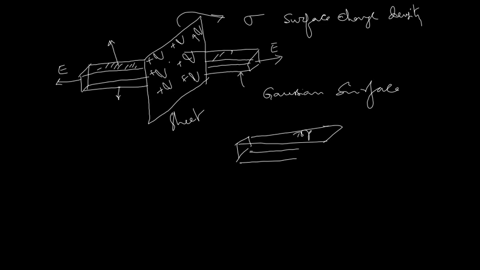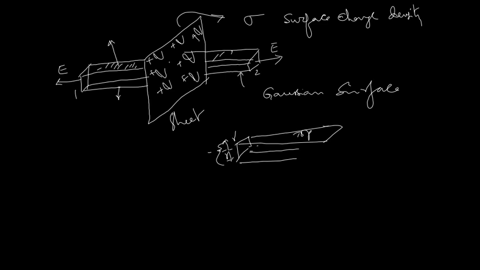He is considering that the plane is exactly in the middle, so this distance and this distance are the same, meaning R is the same. That's why these two fields up and down cancel each other. So he considers only surface 1 and surface 2.